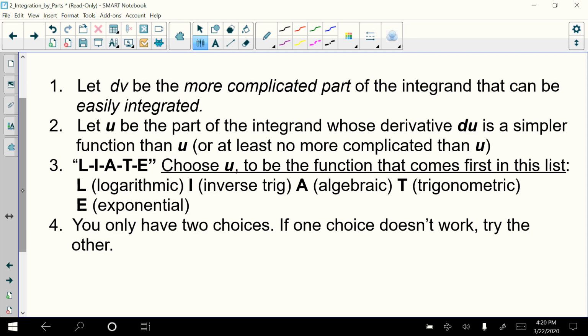Here we have this acronym, LIATE, however you want to say it, and this is how you should look at it to choose what you should choose for u. L is a log function of some kind, I inverse trig, A algebraic, T trig, or E exponential. That's how you should look at them in that order. Now, you only have two choices to select for u or v from your function. So if one doesn't work, then go back and try the other one.